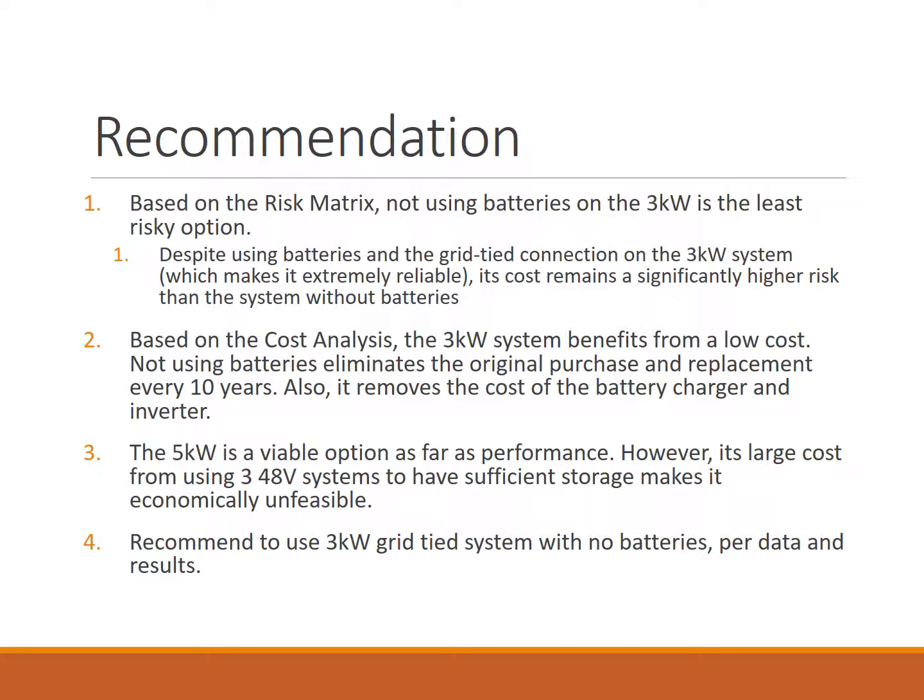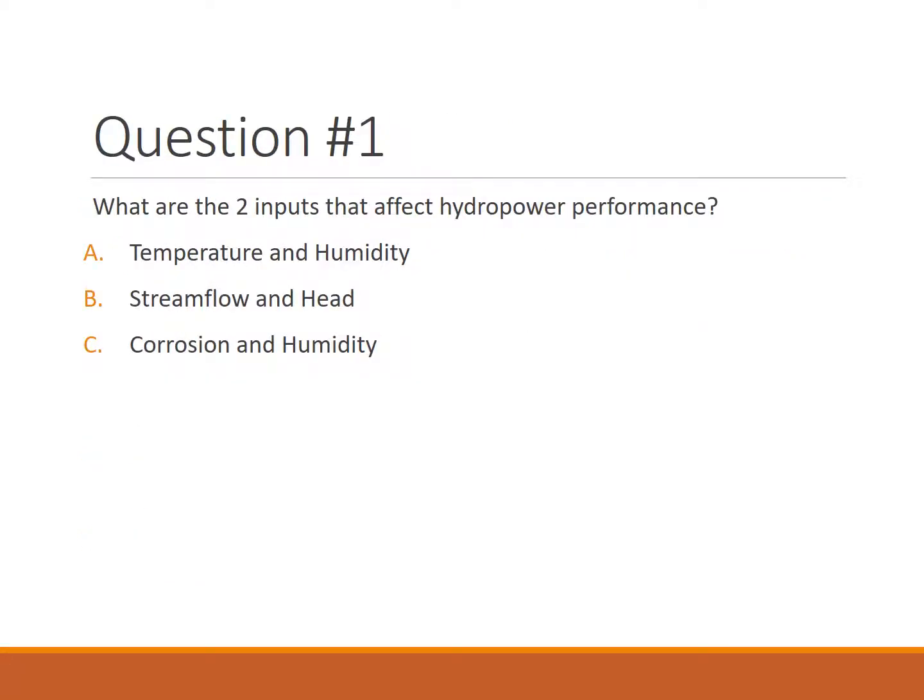However, its large cost from using 3 48-volt battery systems to have sufficient storage makes it really unfeasible, and it's basically due to economic restraints. And my personal recommendation will be to use the 3 kilowatt grid-tied system with no batteries per data and results.